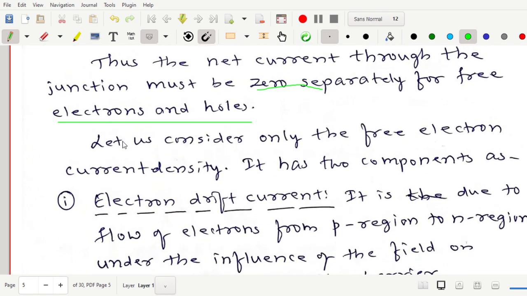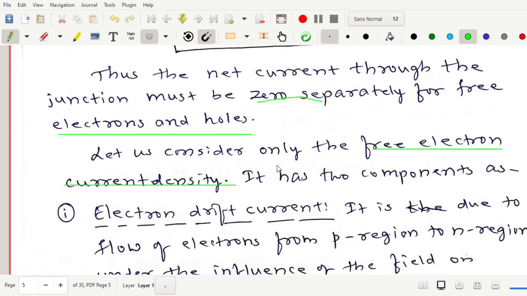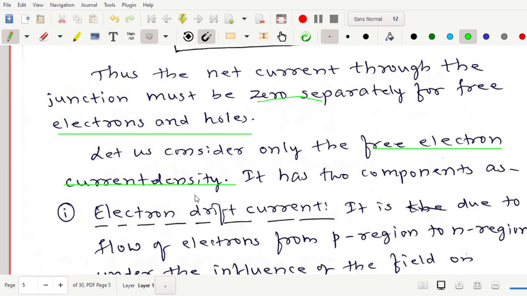So let us consider only the free electron current density, not the whole current density. The free electron current density has two components.